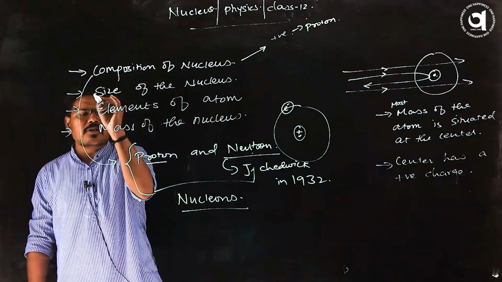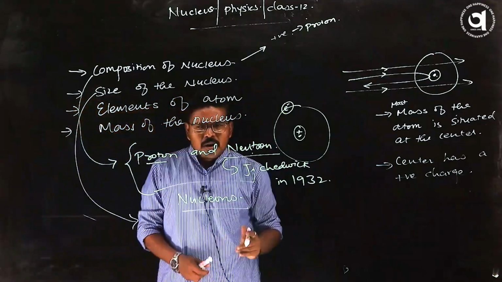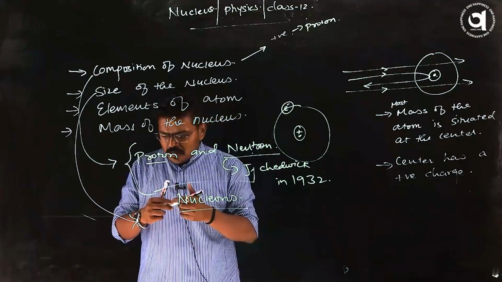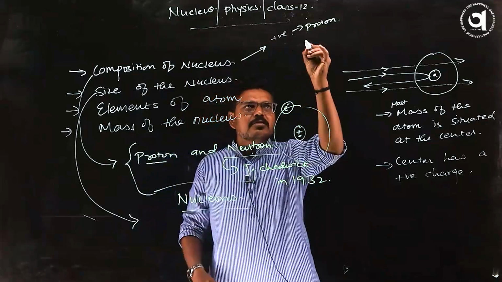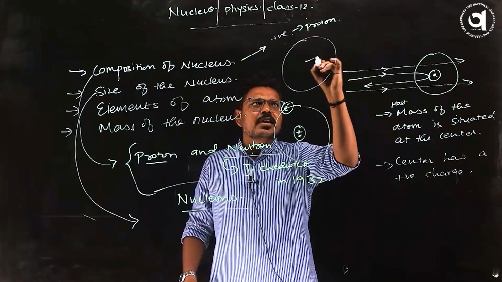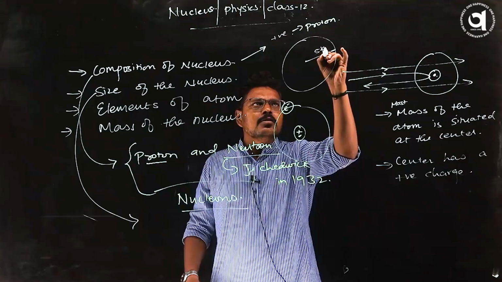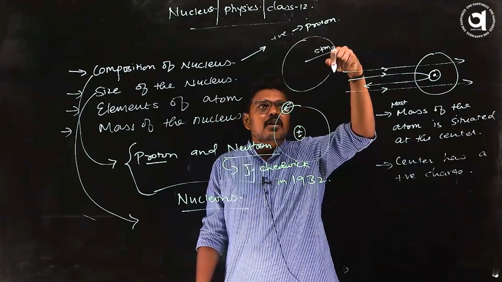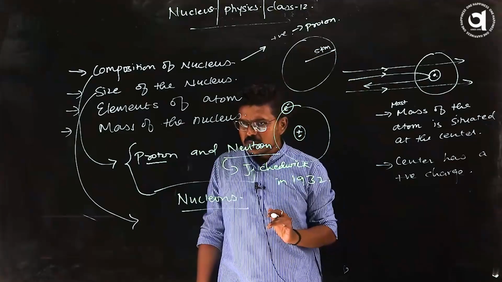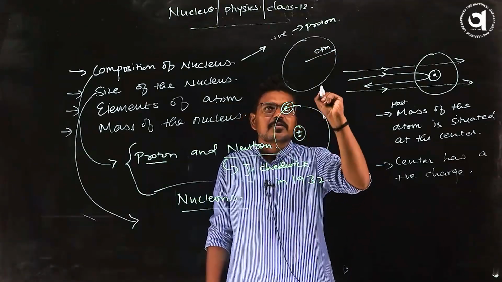Size of the nucleus: suppose you have seen a ground of 5 kilometer radius. Suppose the atom has a radius of 5 kilometer.